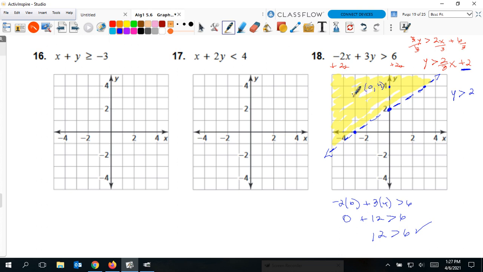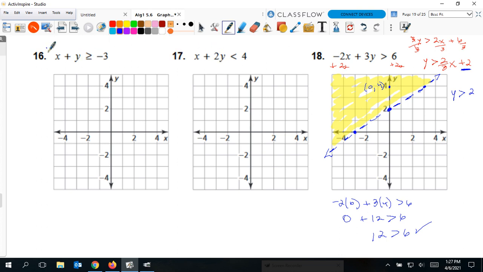All right, go ahead and pause your video again and do number 16 and 17 and see if you can get those correct. All right, let's check out your answer for 16. This one we need to solve for y to get it into y equals mx plus b.